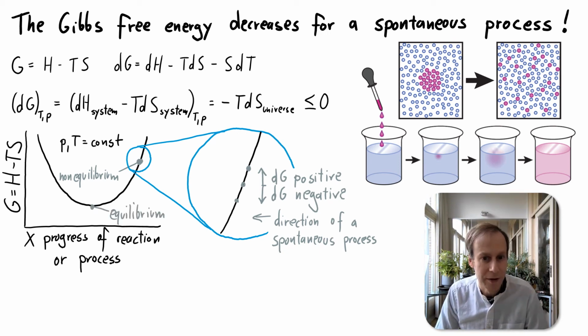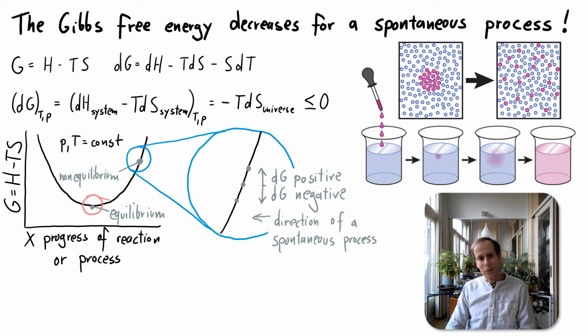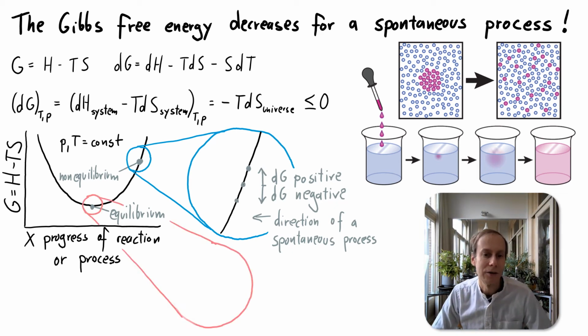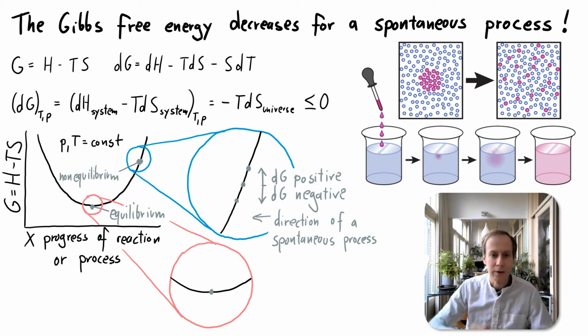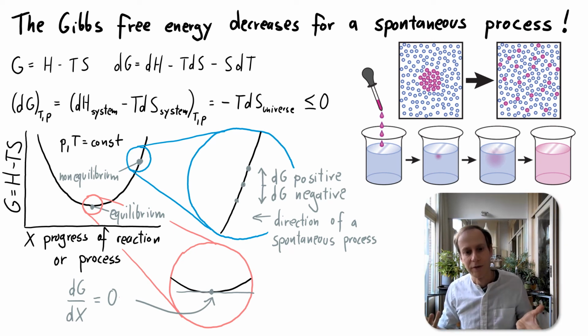At the bottom, on the other hand, of this graph, here we are at equilibrium. Why is that? Because at that position the curve that describes the Gibbs free energy is horizontal basically, and we can measure the derivative of the Gibbs free energy, meaning how does it change with this process variable.